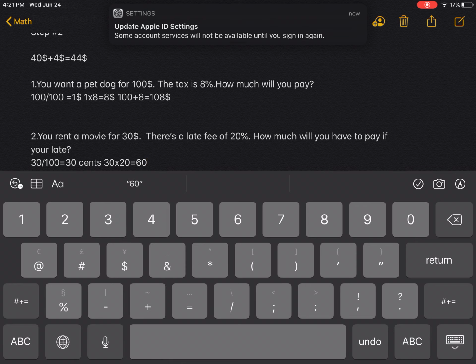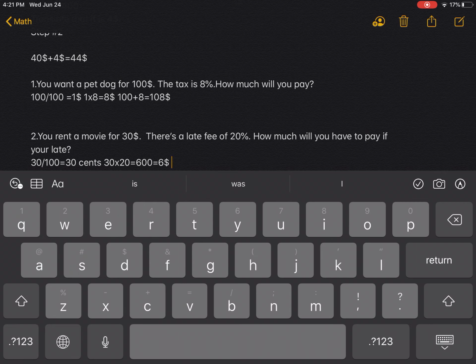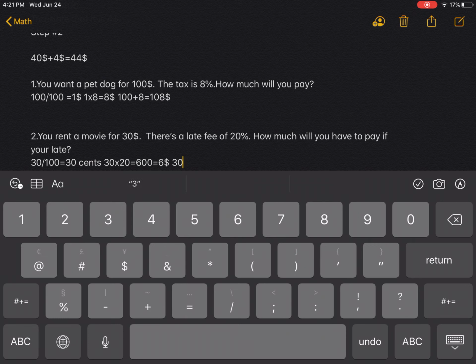So you were referring to cents. Sorry, it's 600. Okay, so you were referring to cents the whole time. So that turns into $6. Okay? So after you do that, you add 30 plus 6, and that equals $36. So that's the final answer.